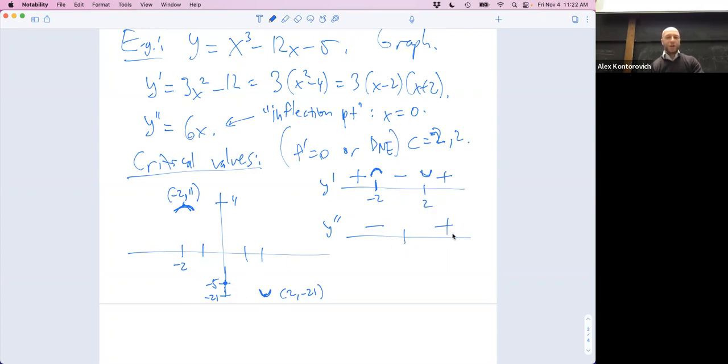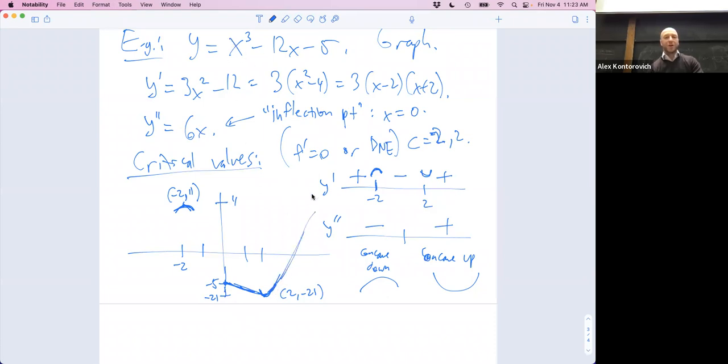An inflection point that changes from concave up. So this is concave up, meaning it looks like a parabola like this. And here we're concave down, which means we look like that. Of course, this -5 and -21 are not to scale, so I'm struggling to get it to be concave up. And then it's x cubed that's going to dominate.